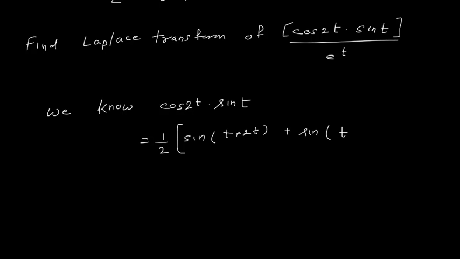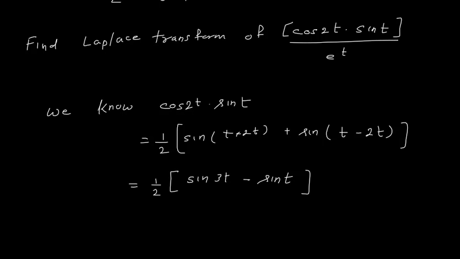A minus b means t minus 2t, which is minus t, and sin of minus t is minus sin t. So the value of cos 2t sin t is 1 upon 2 (sin 3t minus sin t).